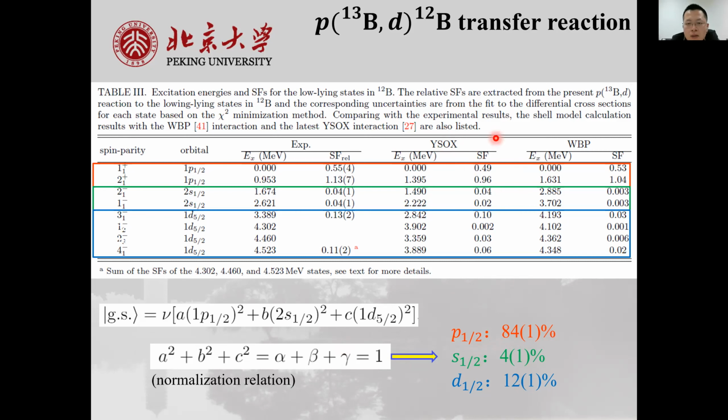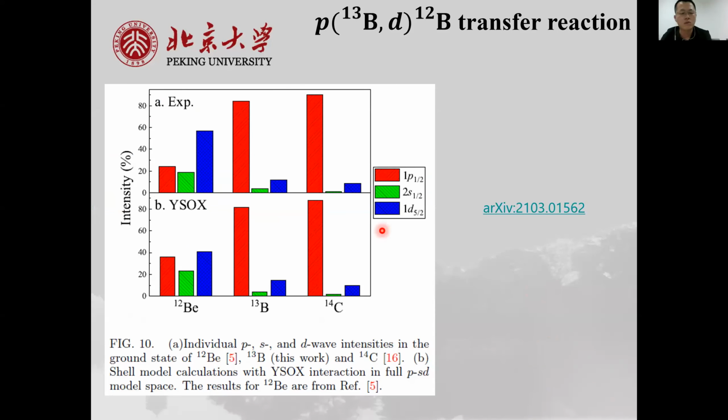Here we listed the theoretical spectroscopic factor, and we also compare the PSD intensities. We make this figure.